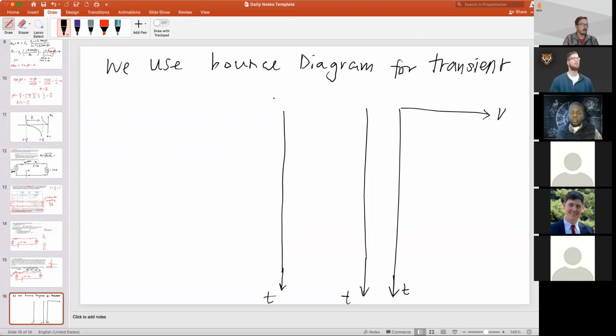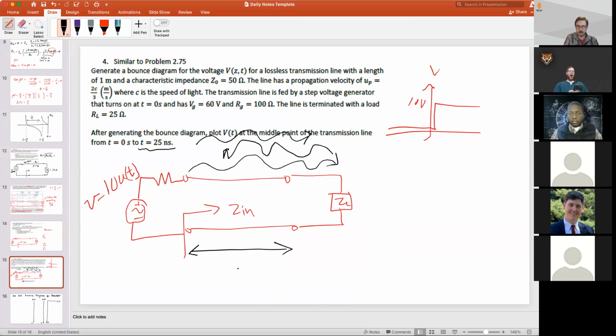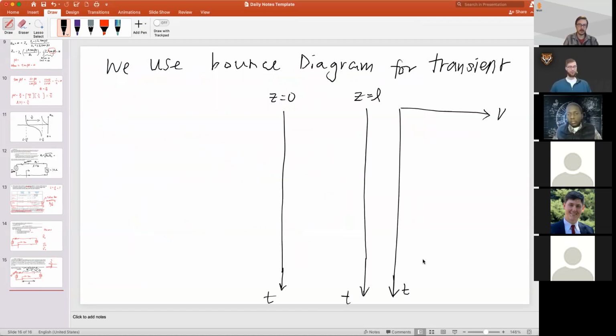On this side, we have z equals 0, and on this side, we have z equals L, where L is the length of the transmission line.